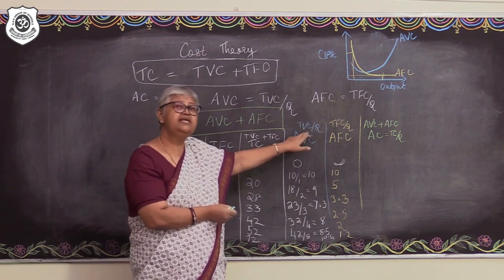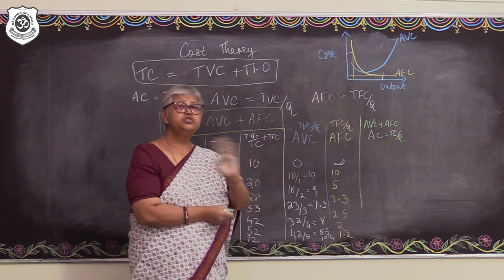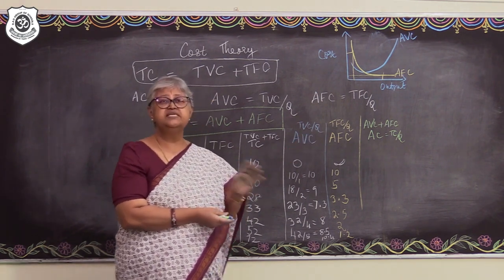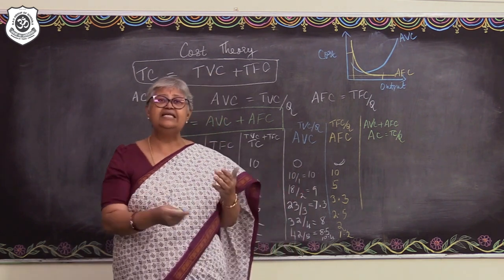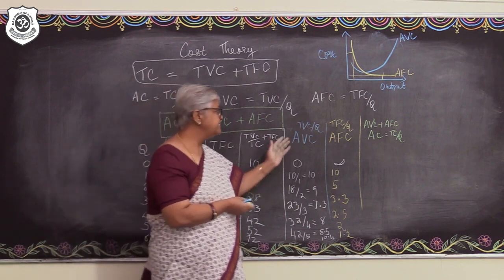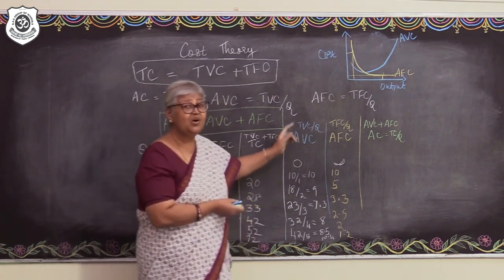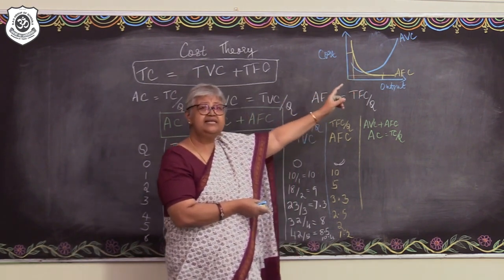Later on, it will increase at an increasing rate, right? Due to the operation of the law of variable proportions, the total variable cost will increase at a decreasing rate and then increase at an increasing rate. It's exactly due to that reason that the average variable cost will initially fall and then it will increase.